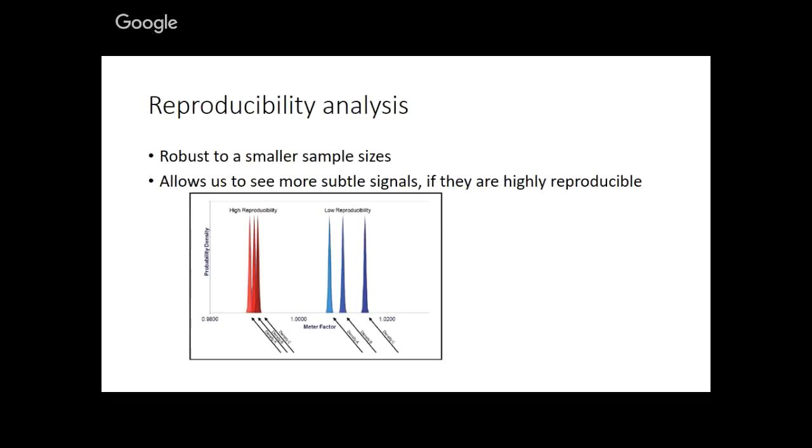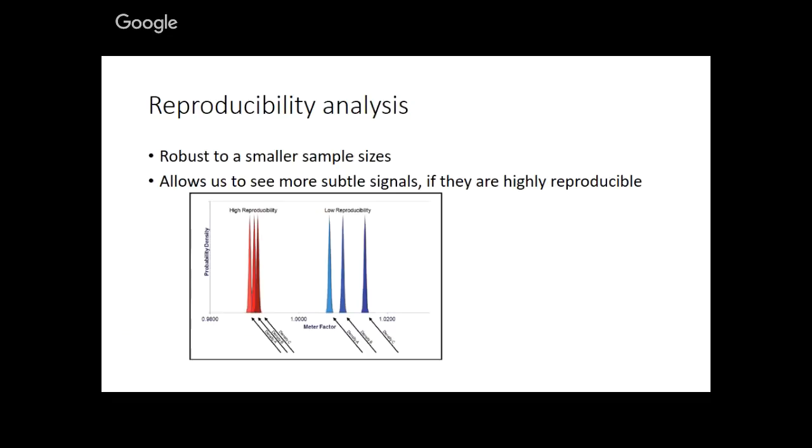Here's a little plot illustrating this. With the red lines, it is depicted good reproducibility statistics, and with blue, bad reproducibility statistics.